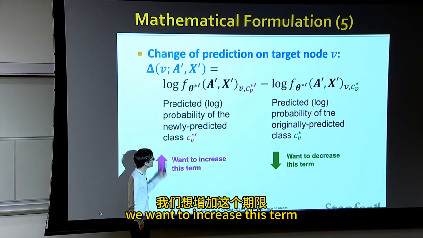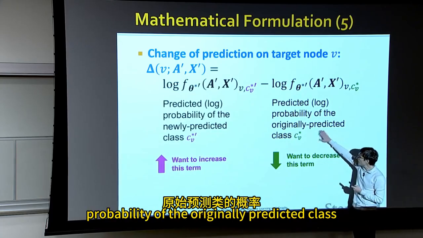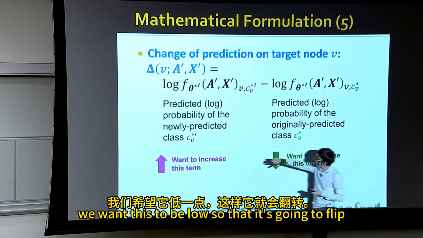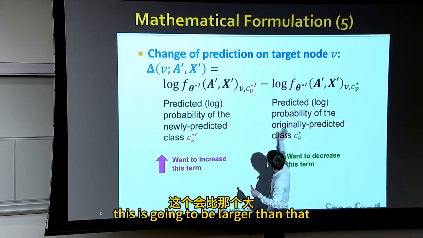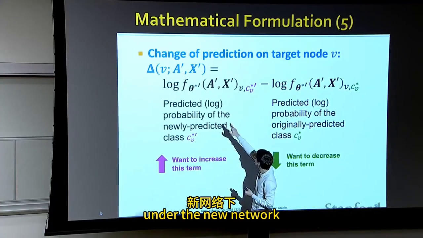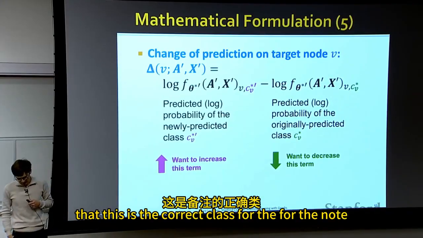We want to increase this term, but we want the predicted log probability of the originally predicted class to be low, so that it's going to flip. This is going to be larger than that, so we are going to conclude wrongly under the new network that this is the correct class for the node.